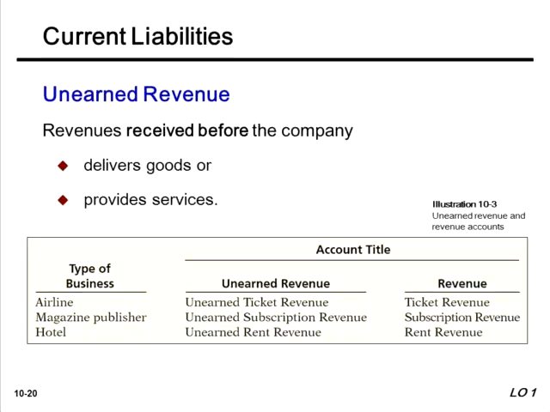So when they receive that money up front, they incur liability of unearned revenue. They owe a service, they owe a product. So in the box, they give some examples of businesses that would record unearned revenue, and we'll just look at the first one, the airlines.